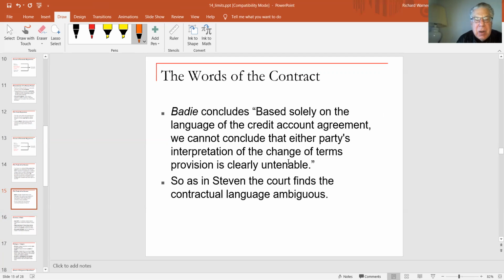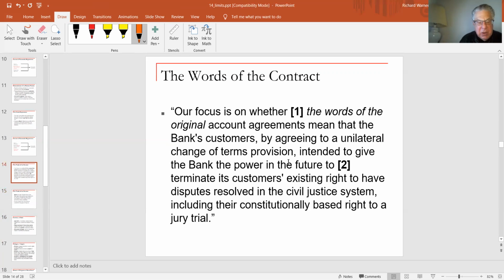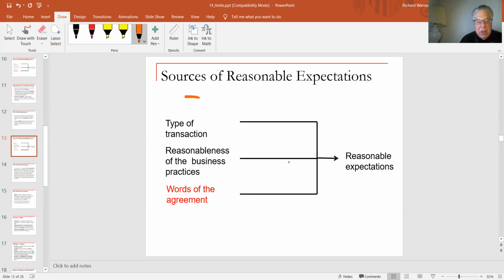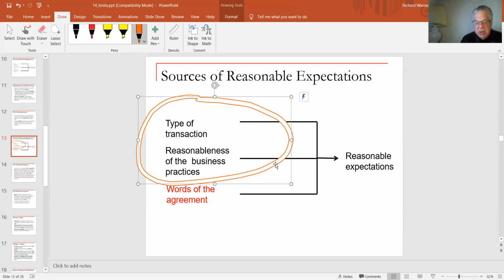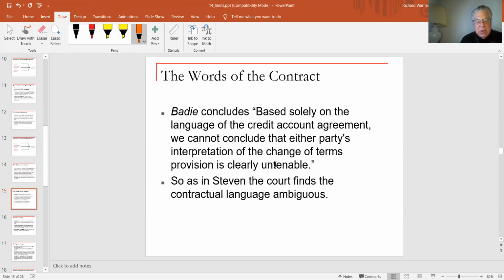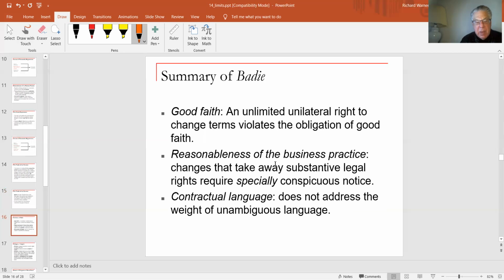Well, it does play a role, but not much of a role, in their decision that there's an inconsistency with the obligation of good faith and fair dealing, inconsistency with respecting reasonable expectations, because they say the contract doesn't decide that question one way or the other. But since they've already found an inconsistency in the first two tests, they come out thinking that the bank is inconsistent with the obligations of good faith and fair dealing. Okay, so here we go to summary.